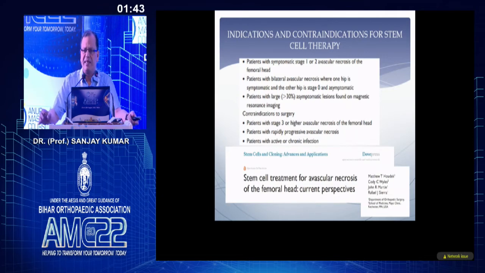Now the stem cell therapy, this is a current concept. It has some indications and contraindications also. Indications: patients with symptomatic stage 1 or 2 AVN of the femoral head; patients having bilateral avascular necrosis of the hip, where one is symptomatic and the other hip is stage 0 and asymptomatic; patients with large, greater than 30%, asymptomatic lesions found on MRI.